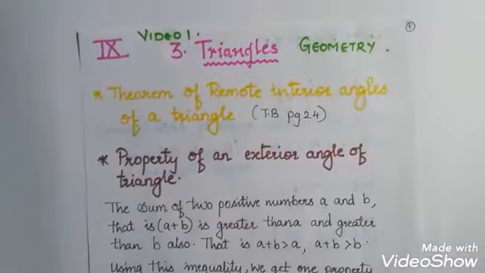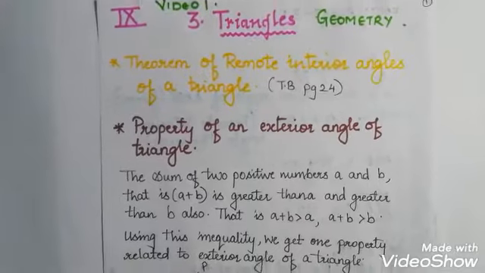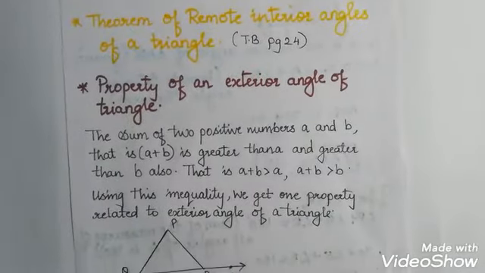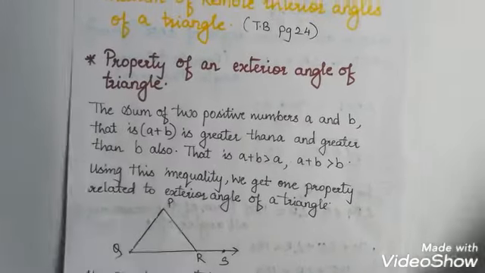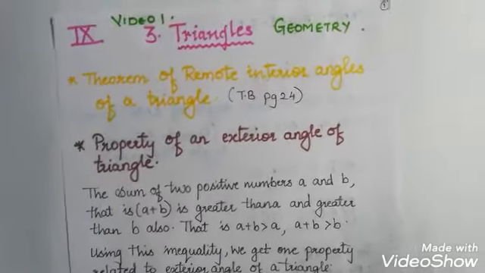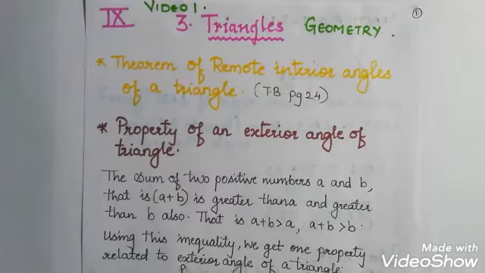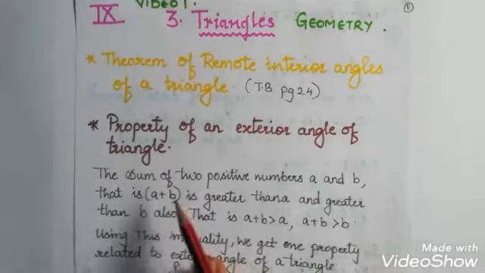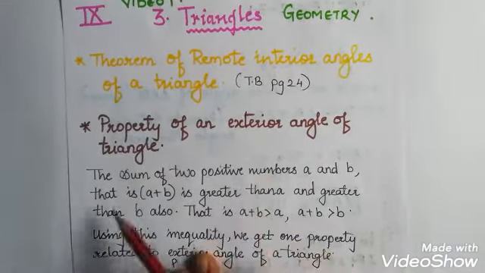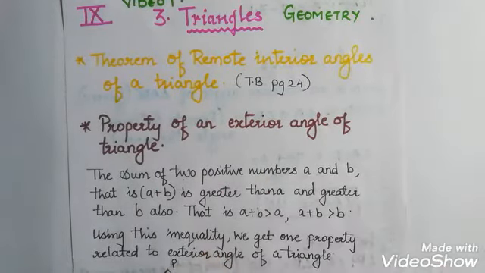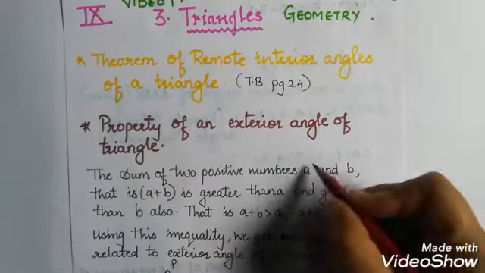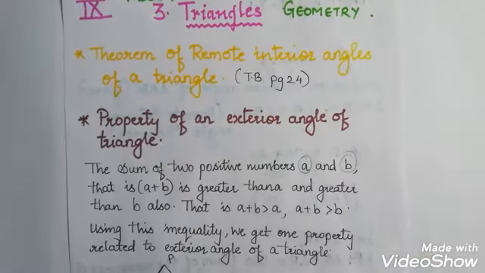Now let us see the next, the property of an exterior angle of a triangle. Now let us see the statement. The sum of two positive numbers a and b. Suppose there are two positive numbers, one is a, another one is b.